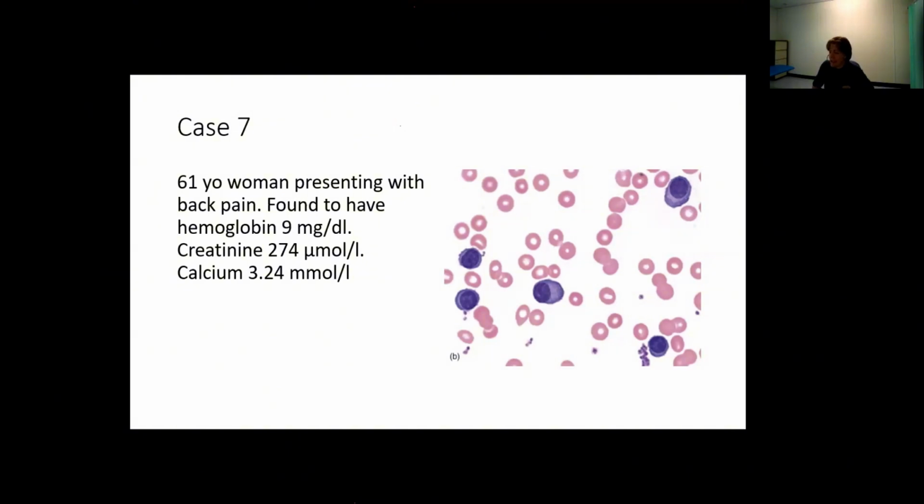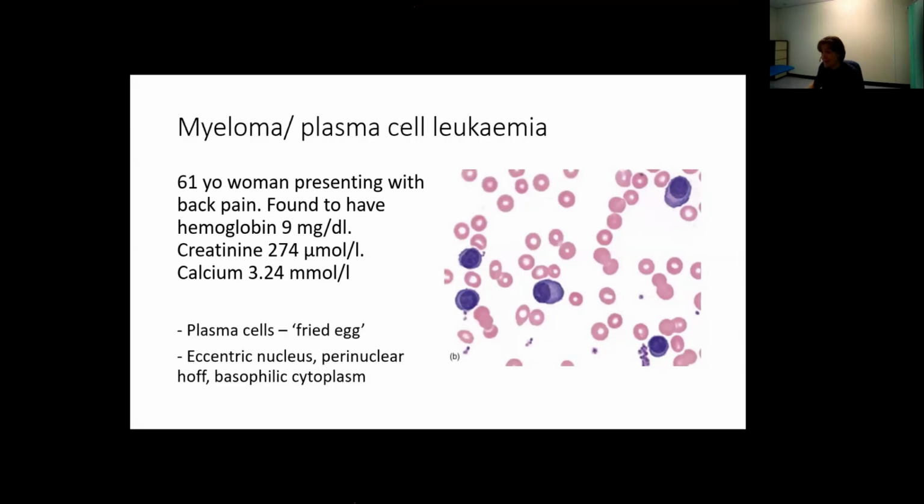If you see these cells circulating in her blood, it's helpful from a diagnostic perspective, but it's not great news for her because these are plasma cells, and the majority of the time you do not see them circulating in the blood. Now, you can see them in cases of myeloma when patients have very advanced disease or a very high burden of disease, with one or two cells spilling into the peripheral blood.